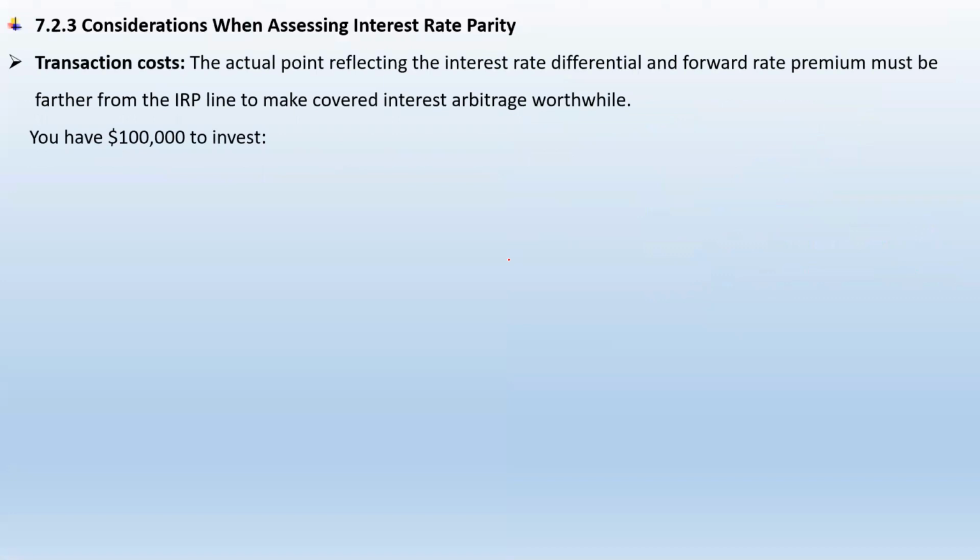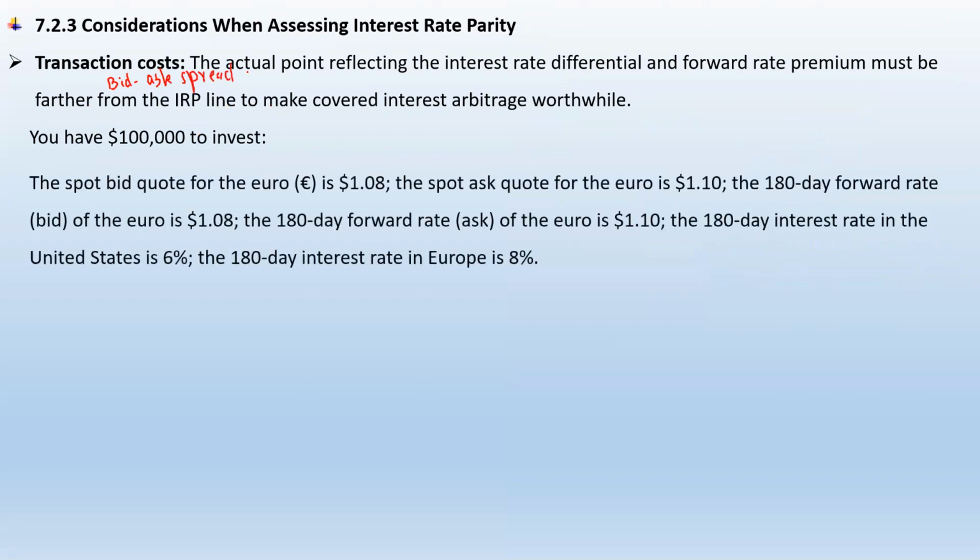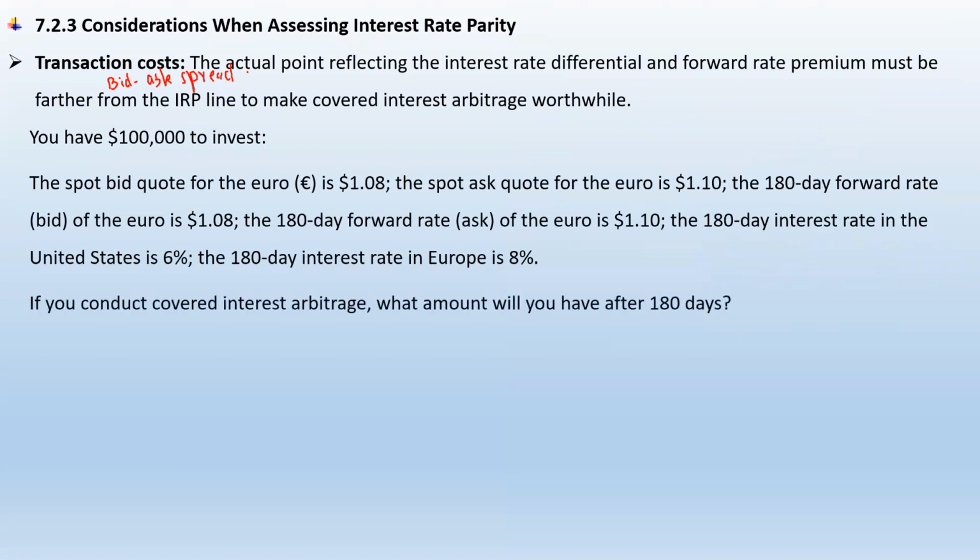So transaction cost is a big consideration. You should take it into consideration. And that is when you have transaction cost, basically the bid-ask spread. So with this set of information, we do covered interest arbitrage.